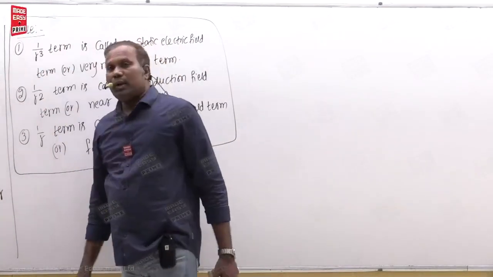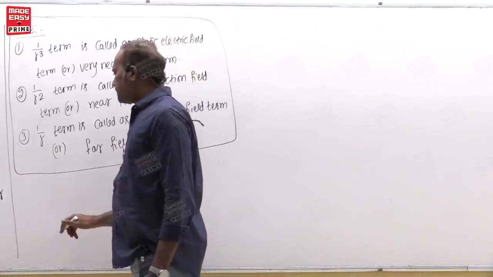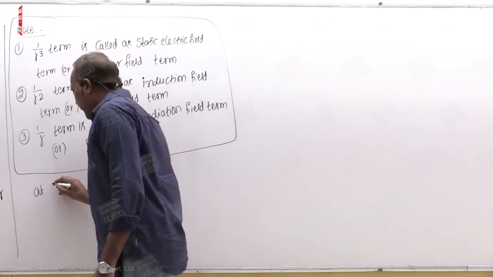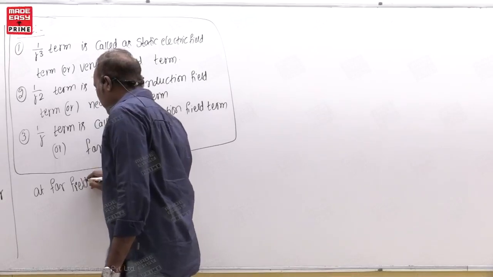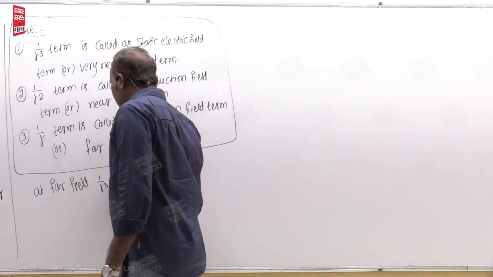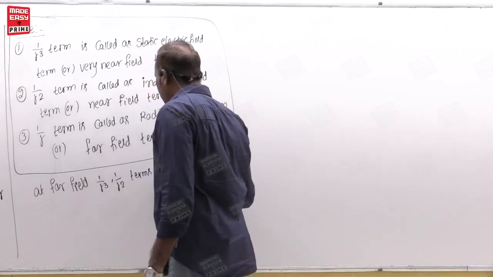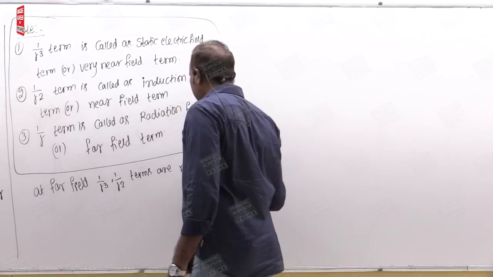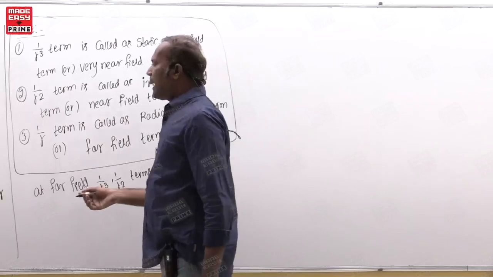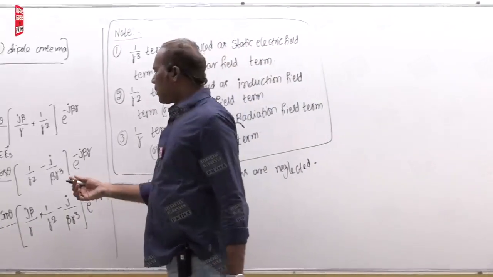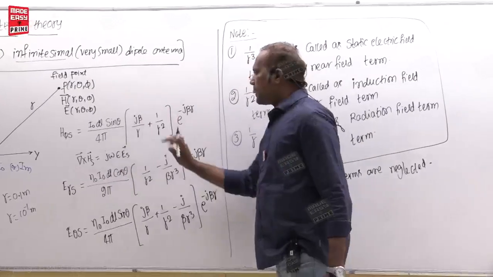Now what is important to us, dear students? Far field is important to us. So at far field, the 1 by r cube and 1 by r square terms are neglected because they have very small values. Now in this case, the 1 by r square and 1 by r cube terms are neglected, this is gone, and only this is present.